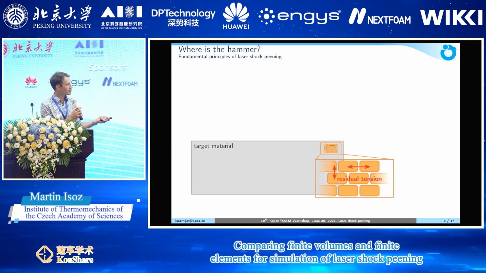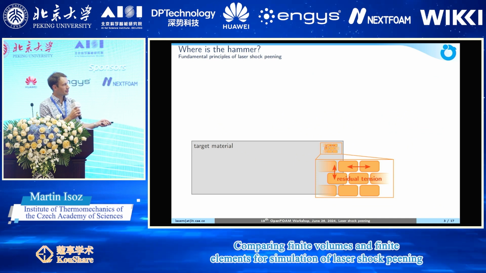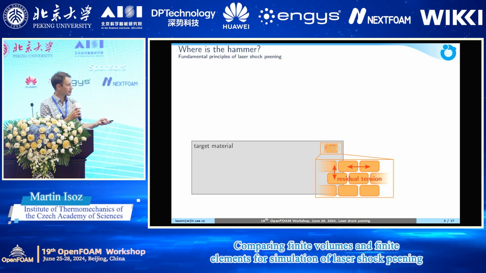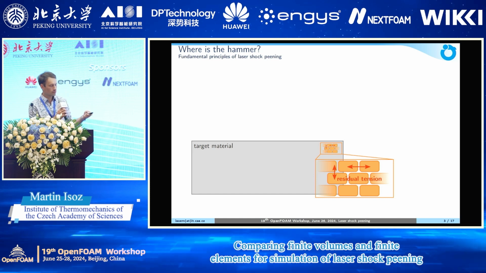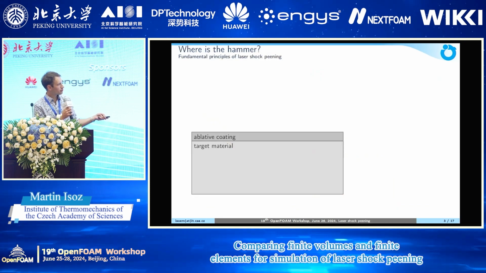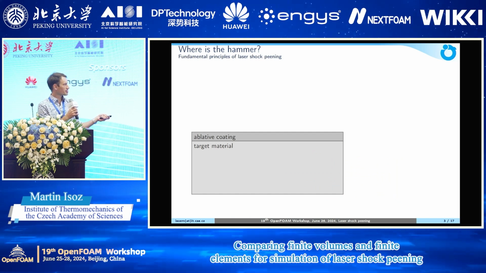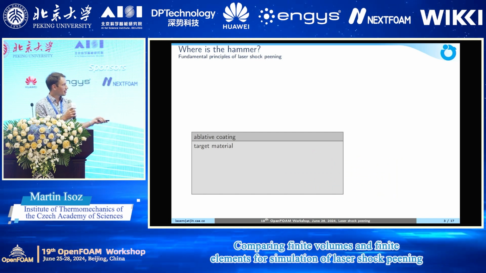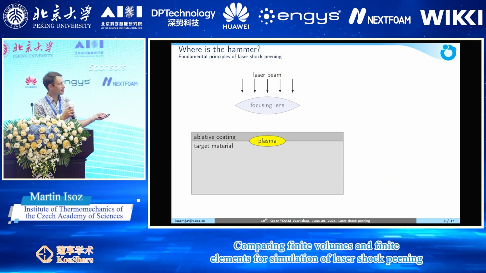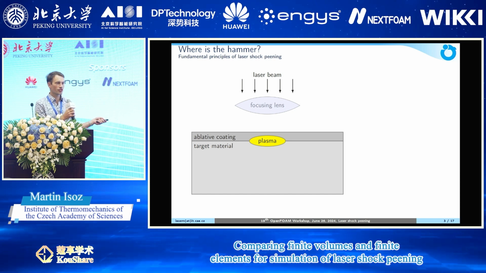So where is it? We have our target material, with the material grains and the residual tension. We do not want this, so we put a duct tape, basically some ablative coating, on the material, then we hit it with a laser, and the ablative coating evaporates instantly and plasma is generated.